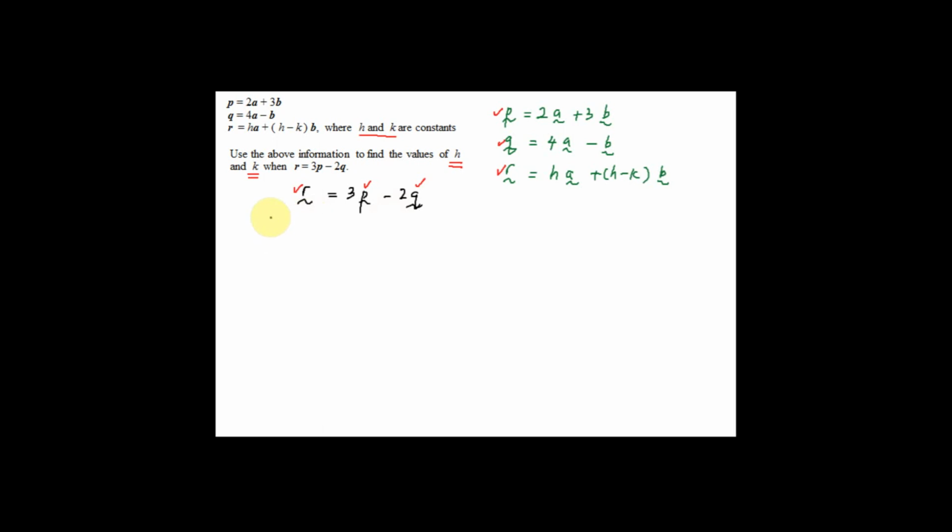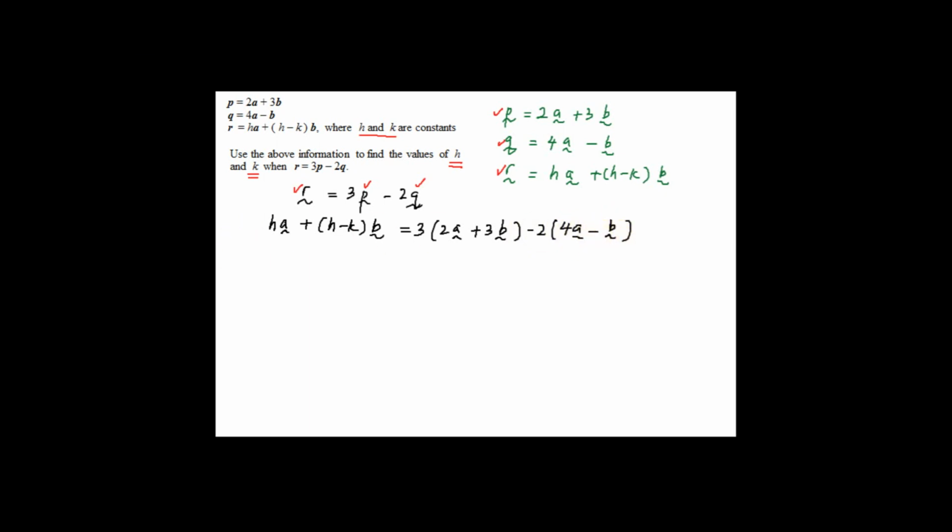So the next step is to substitute all this into this equation. You have R, which is ha plus (h minus k)b. So you have two vectors a and b now, equal to 3 times your P, which is (2a plus 3b), minus 2 times your Q, which is (4a minus b).